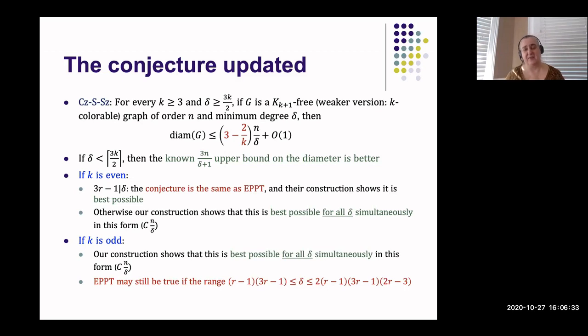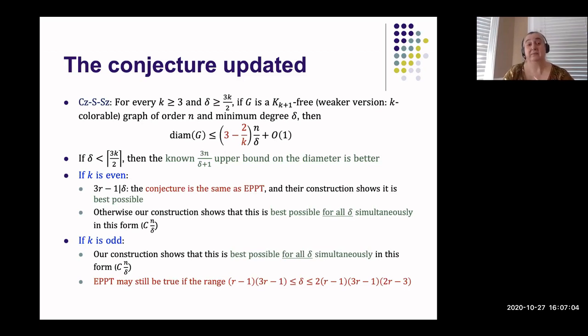Otherwise, you could have something like a constant times n over a constant times delta plus another constant, where the c works out to be the same. When k is odd, our construction shows that this is best possible that works for all delta simultaneously in this form. And the Erdős, Pach, Pollack, Tuza conjecture may still be true in the range where the divisibility condition can be satisfied and delta is smaller than that quantity that we had earlier.